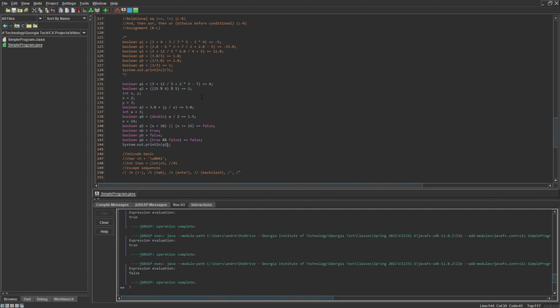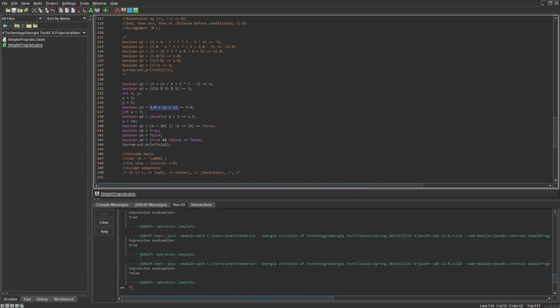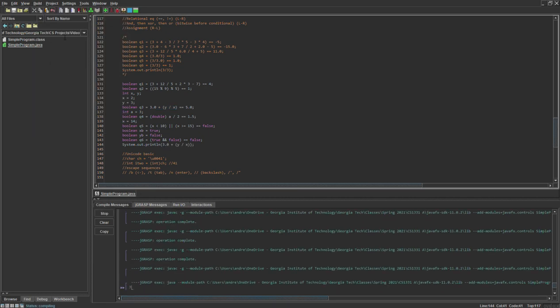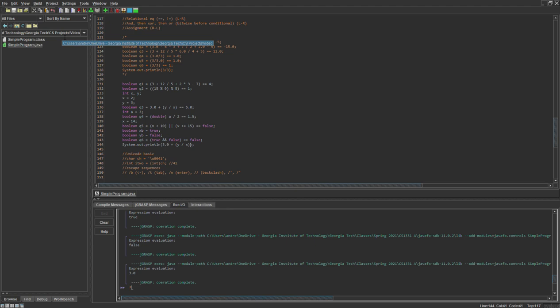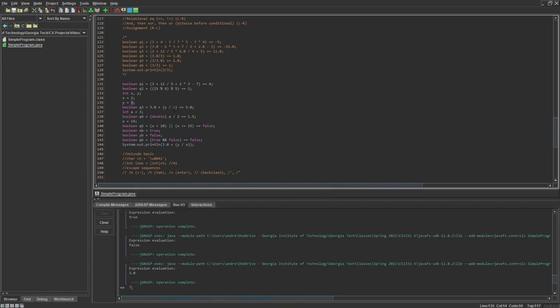So, let's review that. Or better yet, let's print that out and see what it tells us. Gives us 3.0. Now why might that be? 3 over 2 evaluating to 3.0.